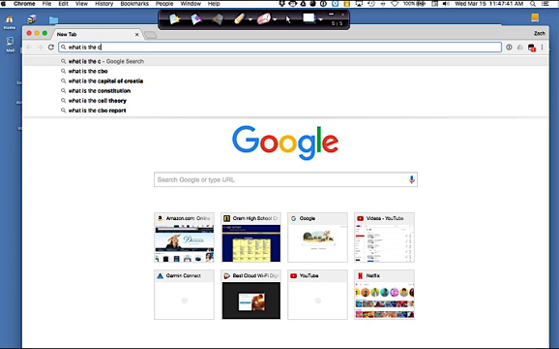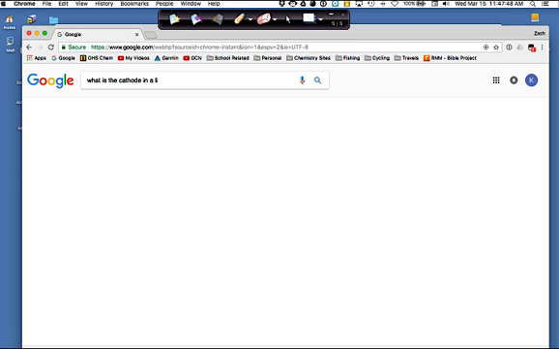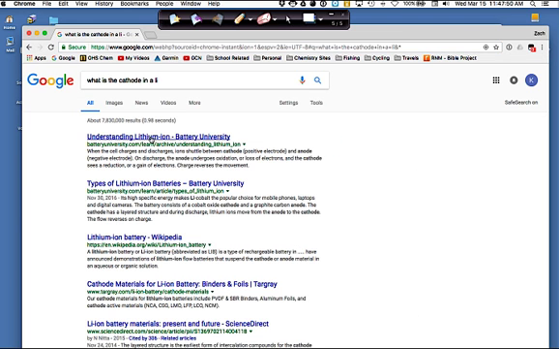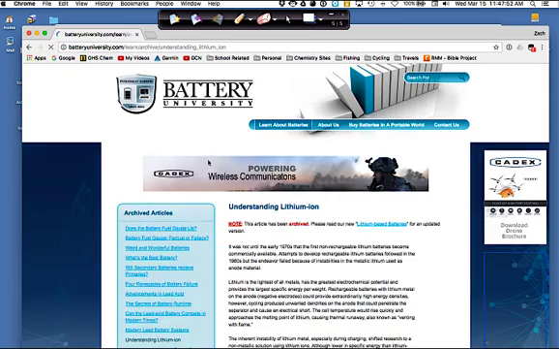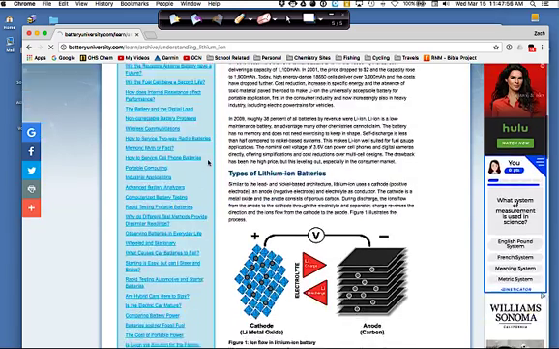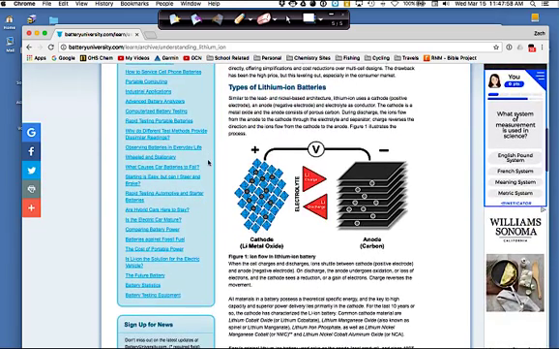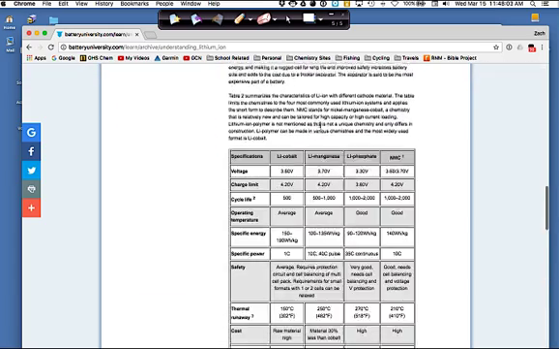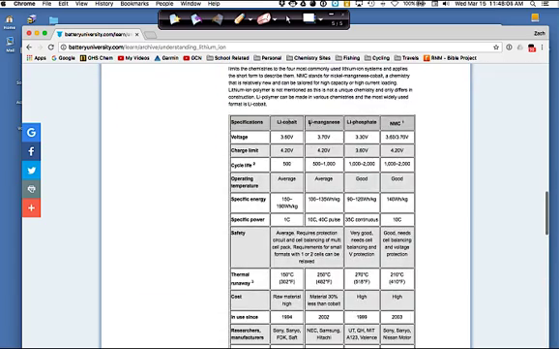So what is the cathode in a lithium ion battery? Battery University. Lithium-based batteries, types of lithium batteries. Carbon. So one is carbon. Cobalt, manganese, phosphate.